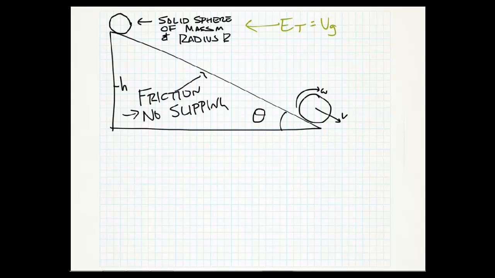So the energy here at the bottom is translational kinetic energy, because we do have a velocity, plus rotational kinetic energy, because the thing is spinning.